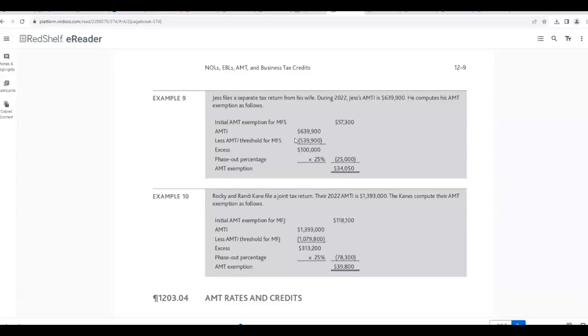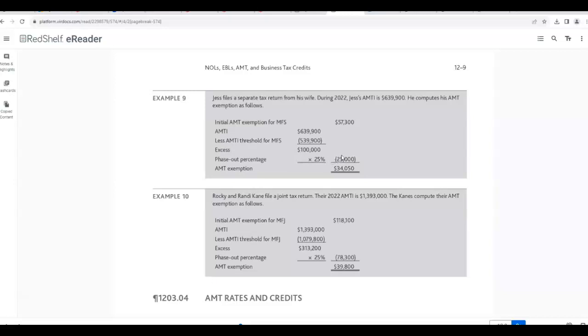No. AMTI is 639,900. That's the taxable income. But then you're deducting 539, the standard deduction? No. You have 100,000 left over, and you take a further deduction. 100,000 times 25% is $25,000.